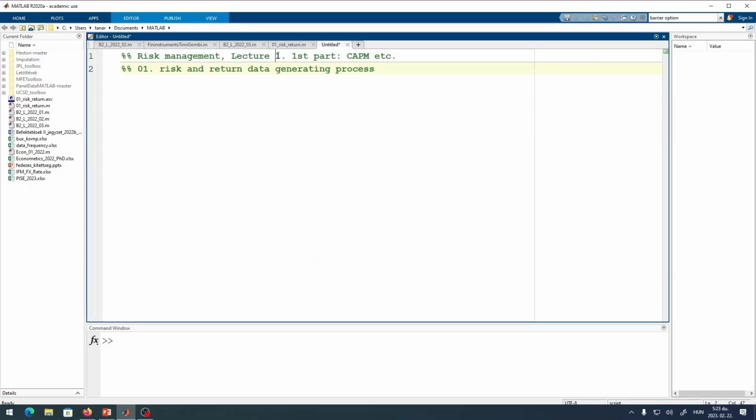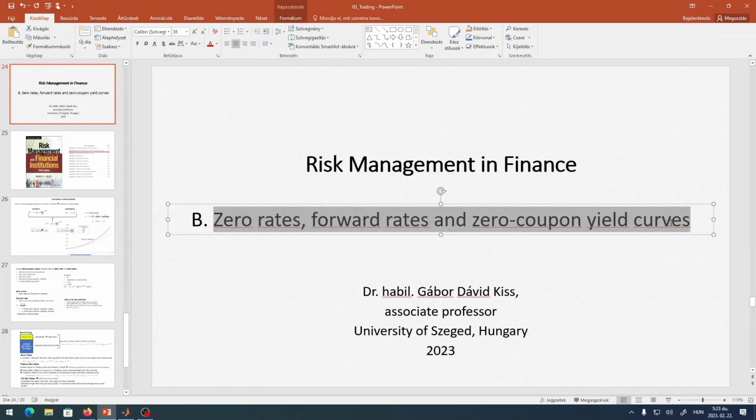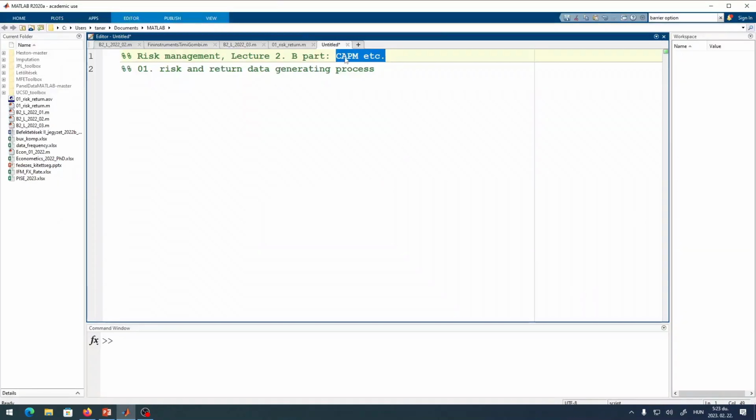Risk management lecture, second part, let's say part B. It had a complicated name: zero rates, forward rates, zero rates, and so on.